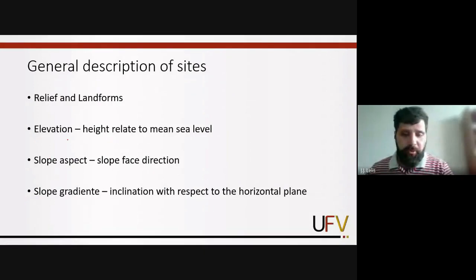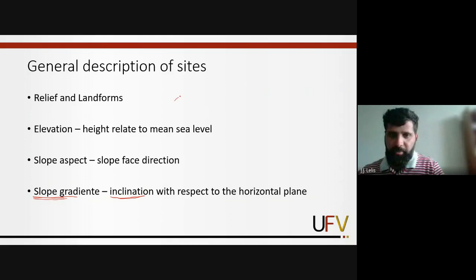And we also should note the slope gradient in the area. That's only the inclination of the terrain, of the slope. Okay, it's quite easy to do that. If you have a slope here, you just need to register this inclination according to the horizontal plane. Let's try to draw something better.